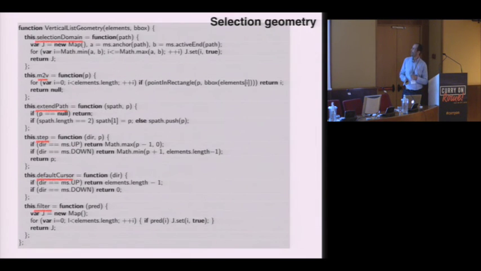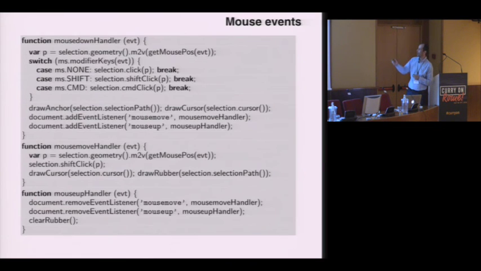Here's another selection geometry. This is like a list box selection geometry, selection domain, extend path. Now step does something because it does the keyboard things. Okay, so these are the things that need to be defined to get some working selection, and then bind keyboard bindings.